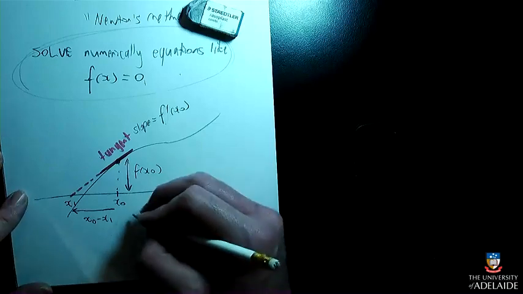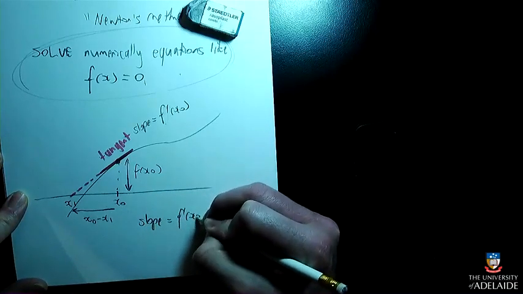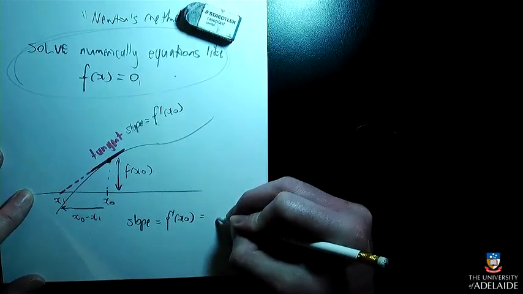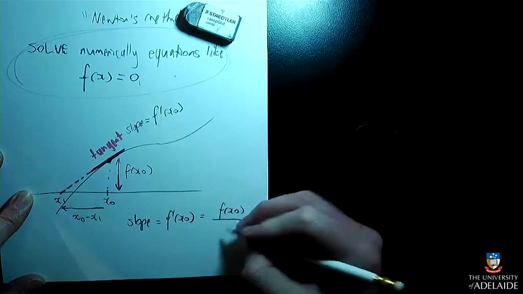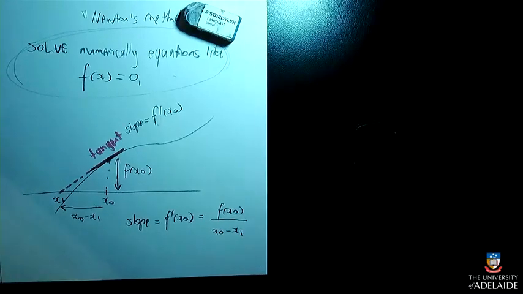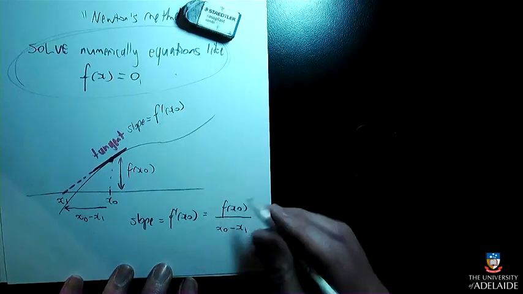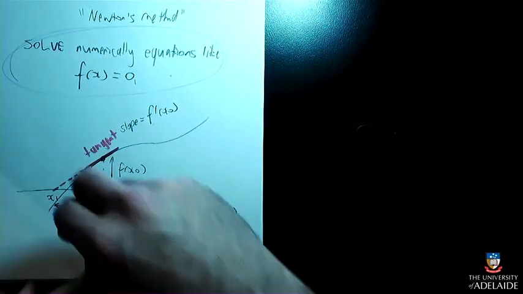And so the slope, which is f dashed, will be the same as that. So if I rearrange this equation, oh crap. Can I do this instead?